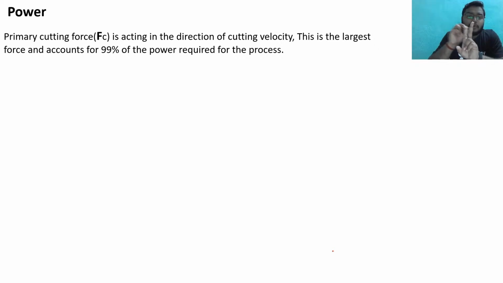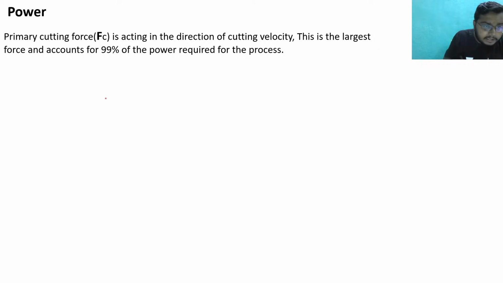First one is orthogonal machining, and the second one is oblique machining. For orthogonal machining there are only two types of forces, that is the cutting force and the thrust force. For oblique machining, suppose a turning process, there are three types of forces: the cutting force, and the tangential force has two components, that is the radial force and the axial force.